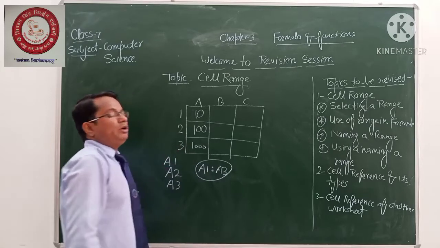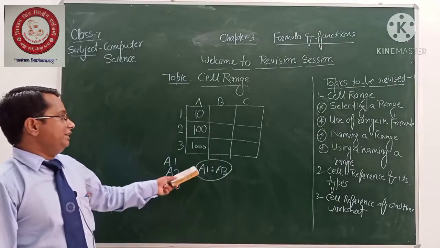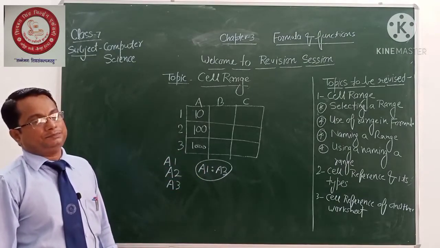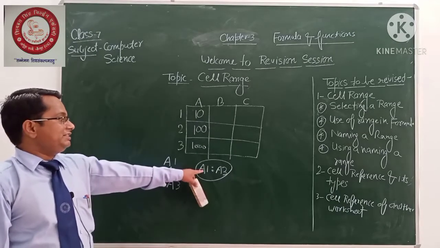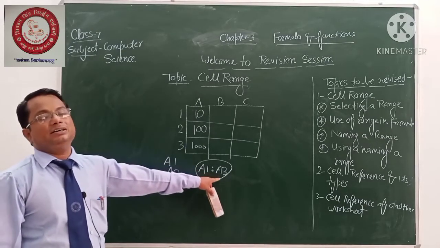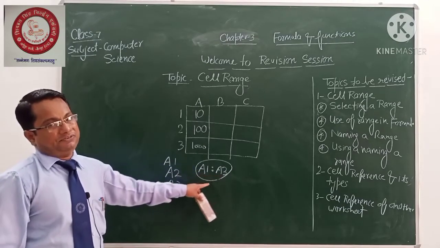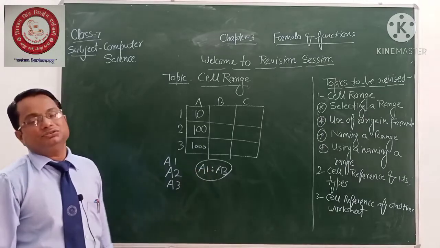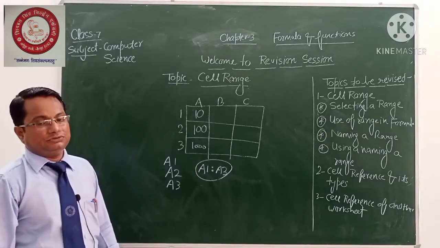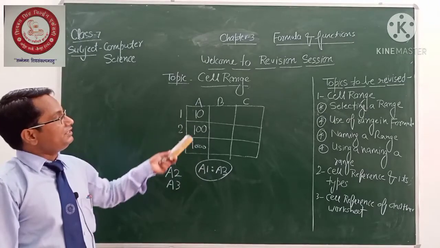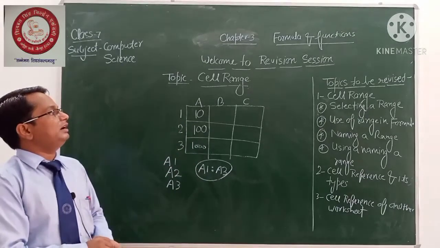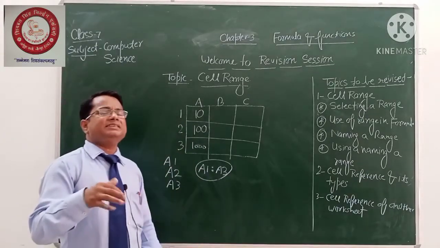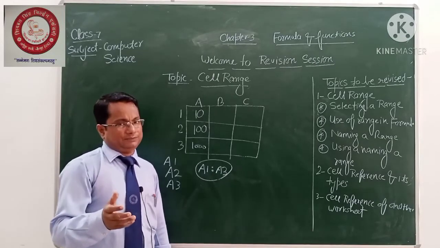This is also one way to write a cell range. This is the starting cell and this is the last one, and in between these two you have to put a colon sign. So this is the basic understanding about cell range.